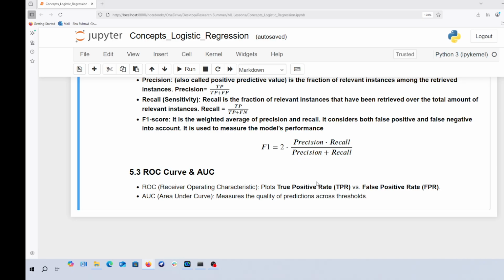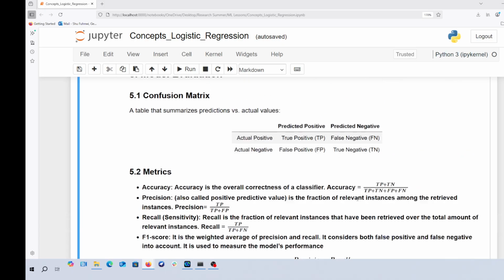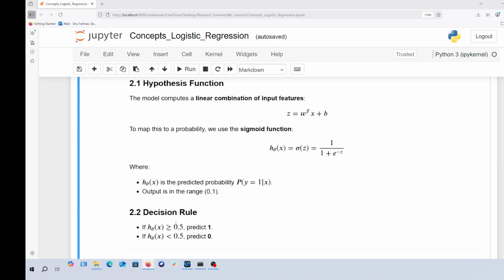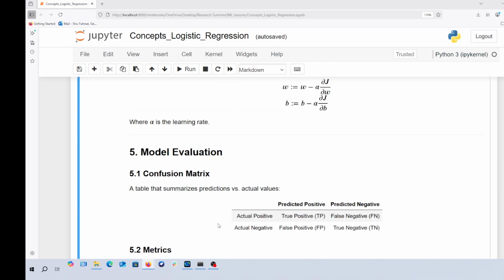So when we plot this, we can look at the area under that curve, which measures the quality of predictions across those different thresholds. And these thresholds are the probabilities or decisions we can get from that model.